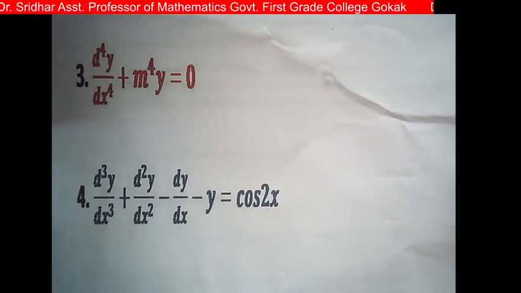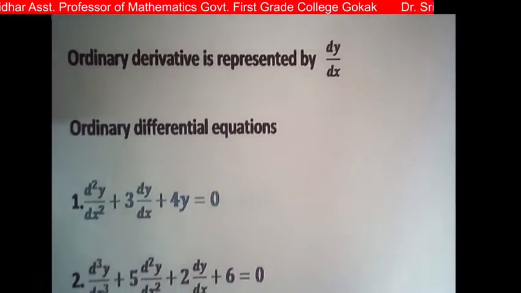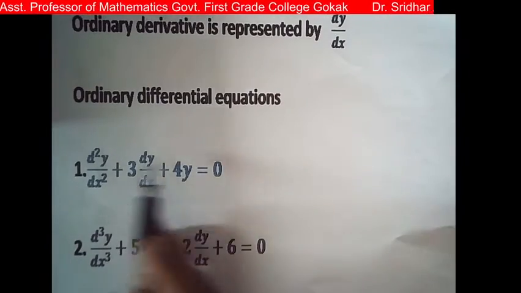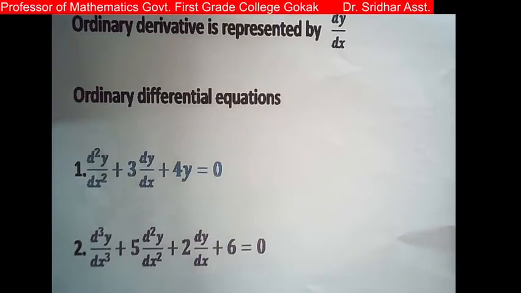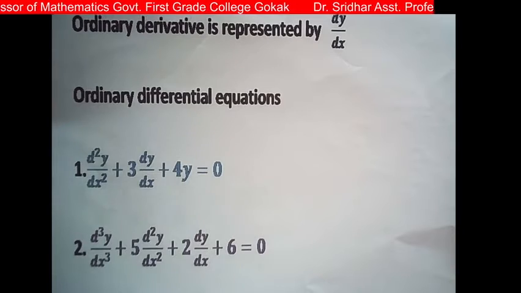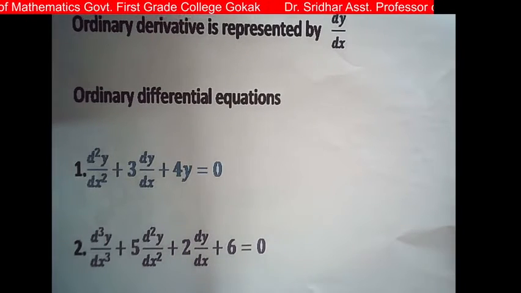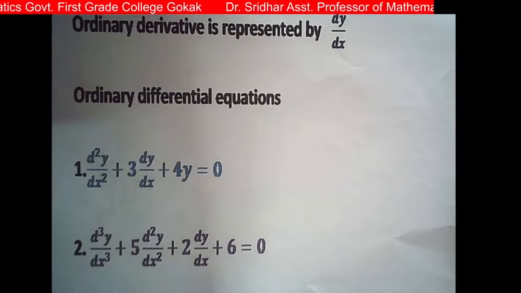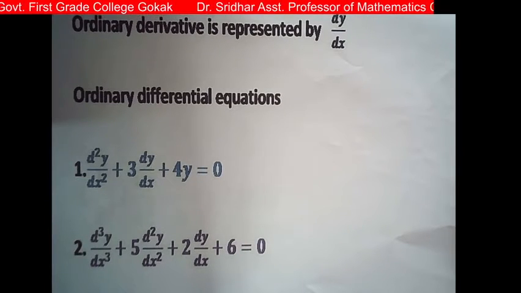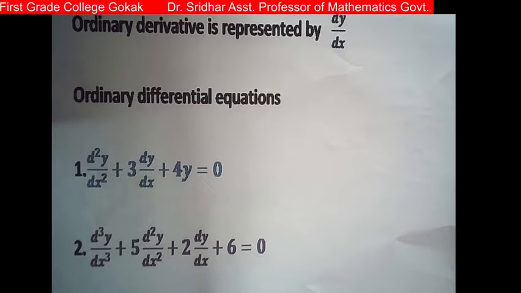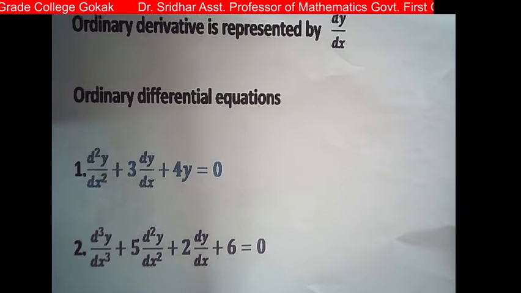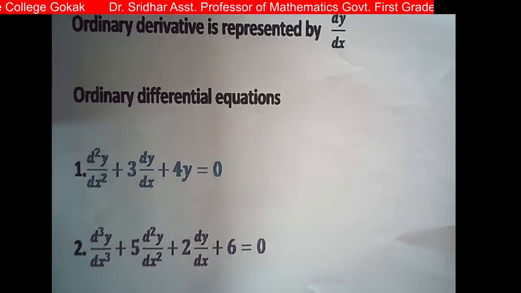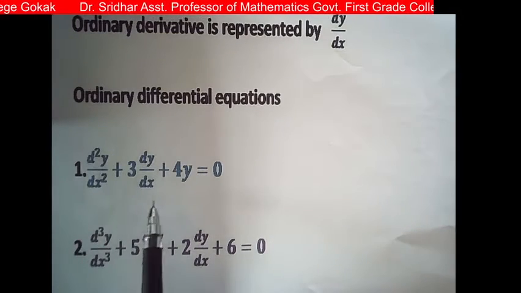So that means this is known as an ordinary differential equation. In an ordinary differential equation, there exists only one independent variable. First we should know, I think you might have studied differential equation and ordinary differential equation, right? So ordinary differential equation means what?